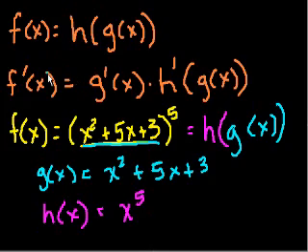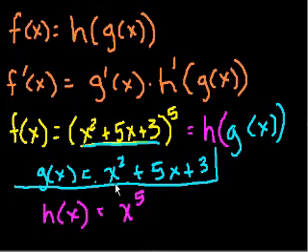So the chain rule just tells us that the derivative of this, that f prime of x, and I have a feeling I'm going to run out of space, f prime of x. Well, actually, before I do anything, let's figure out the derivatives of g of x and h of x. G prime of x, so let me draw a little line here to divide it out. I know I'm running out of space.